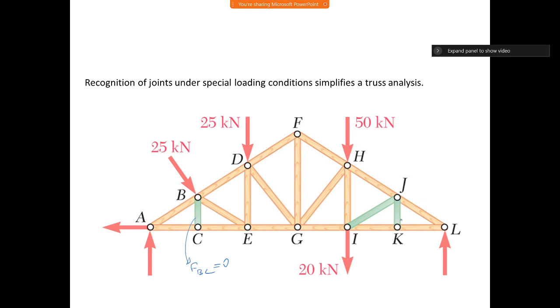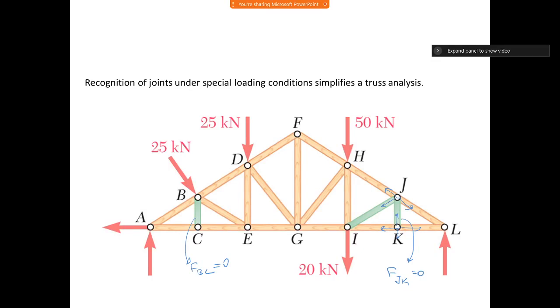Using the same logic, I can say that the force in member JK will be equal to 0, because this is a straight line, and there is nothing here. There is 0 here, so FJK will be equal to 0. And if this member has 0 force, then I can again apply the same concept to node J. In node J, this is a straight line and this is a straight line, but there is no load here.